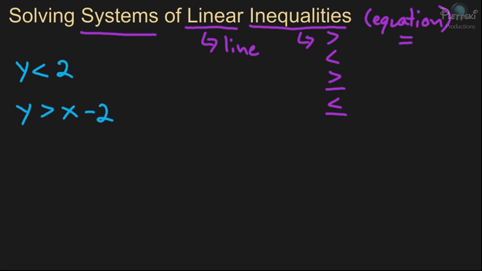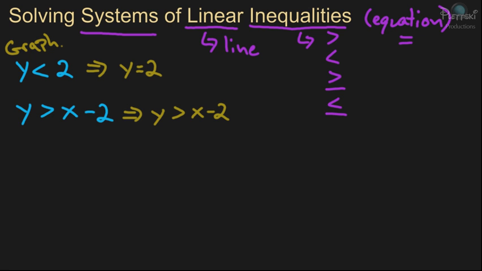Okay, what we're actually going to do is graph the line y equals 2, and we're also going to graph the line y equals x minus 2. That's our starting point. We're going to graph those two lines, and then we'll tackle how the inequality affects our graph.